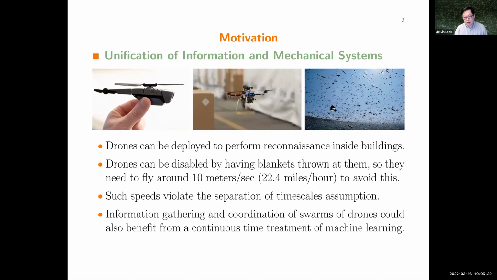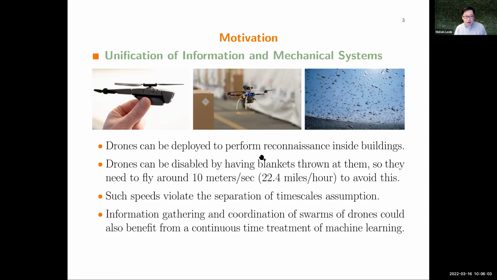The application I have in mind here is a swarm of drones. If you have these drones as part of your sensor network, they're collecting information on the ground. One application of great interest is this idea of using drones to perform reconnaissance inside buildings.